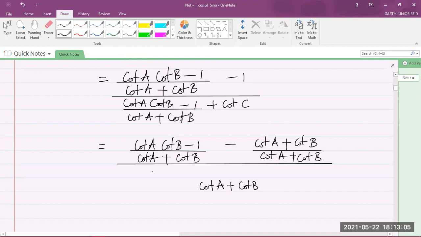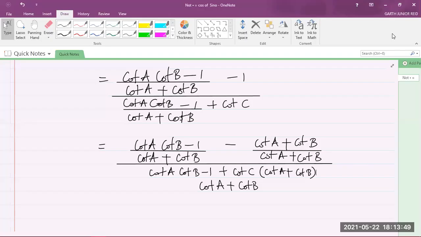And if I do that now in the numerator, I will obtain cot A, cot B minus 1 plus the cot of C multiplied by the cot of A plus the cot of B. Yes, so that is what I will have. Let me just write our line here to show that we are dividing. Excellent. Let's now continue.